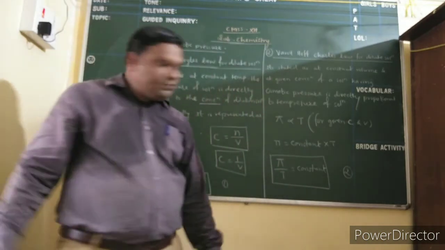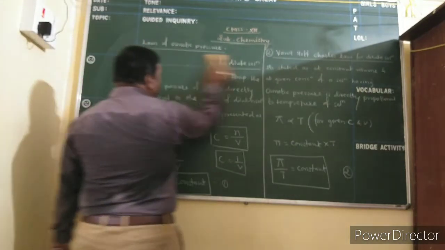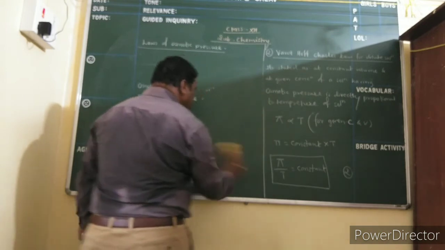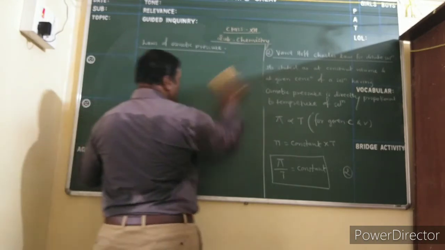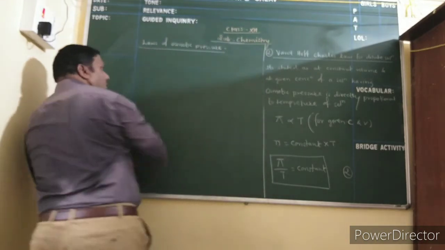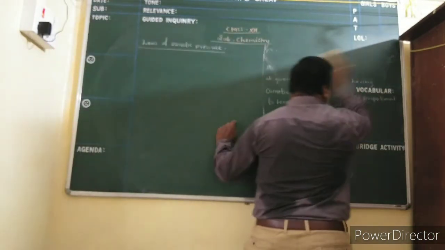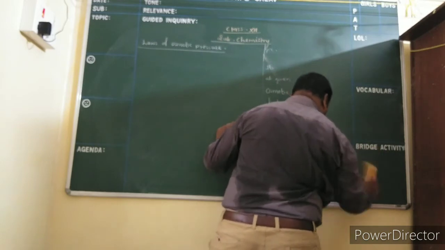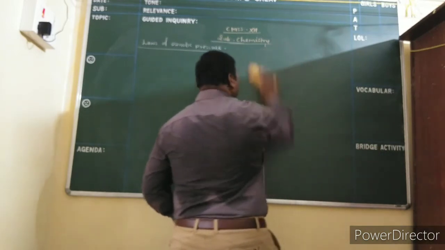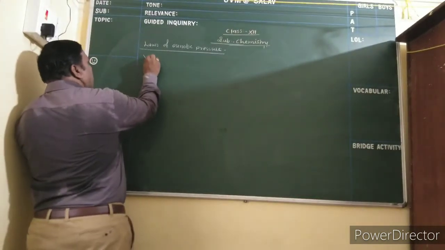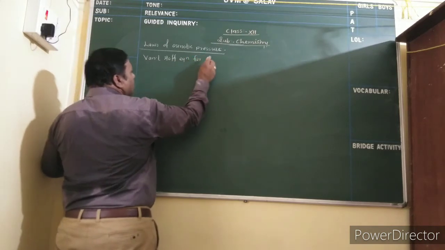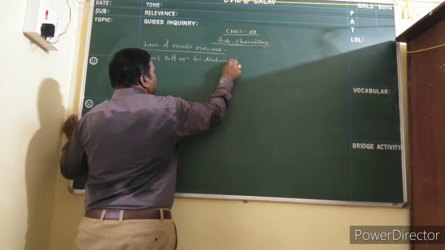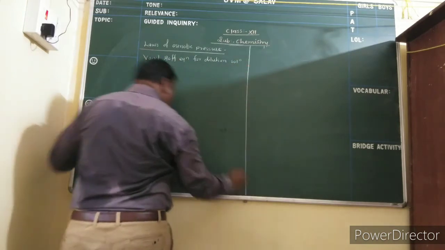Understood? Now after that, the Van 't Hoff equation for dilute solution.